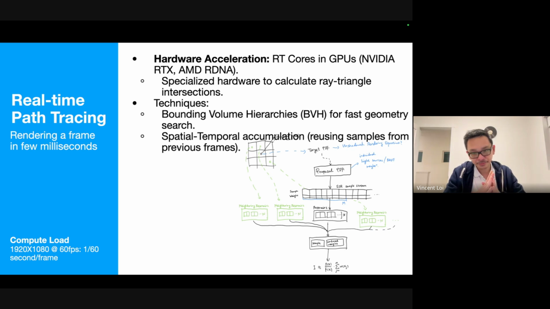Yeah. And I also want to highlight this because when I tried to prepare the slide, I was trying to highlight something: people will start to talk about real-time path tracing.